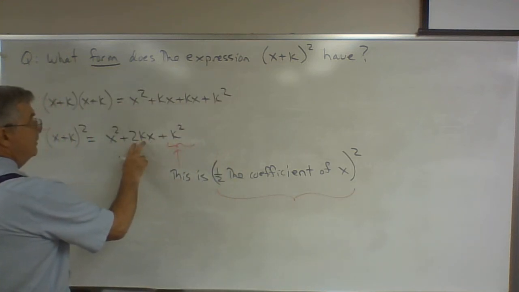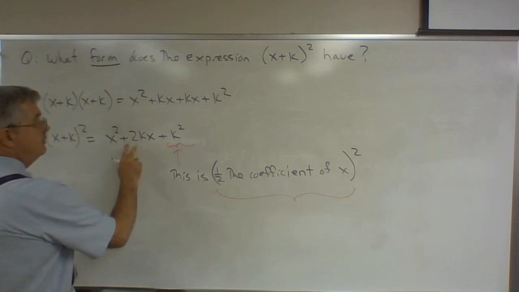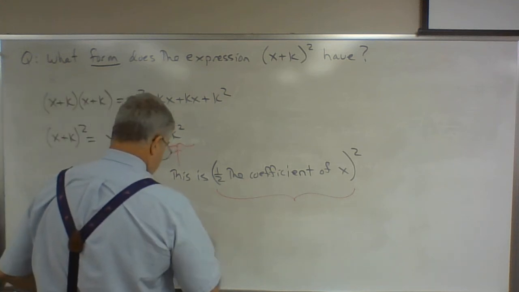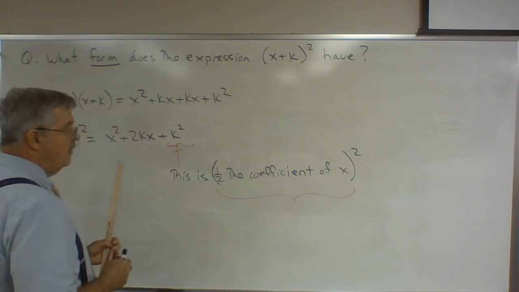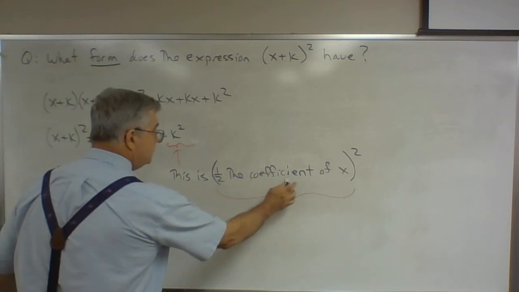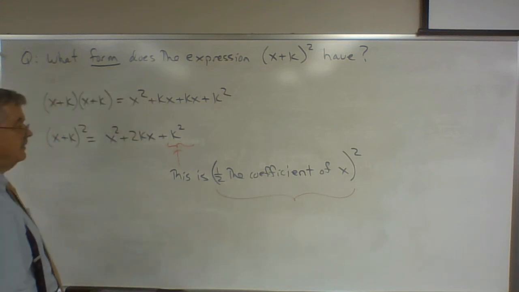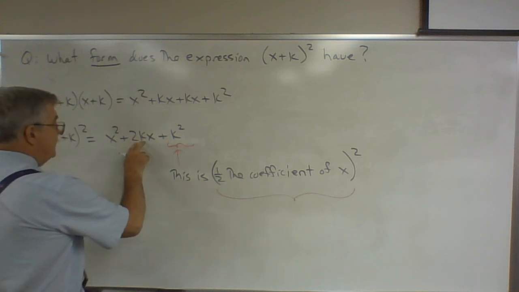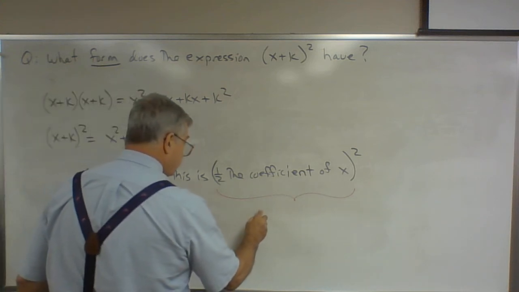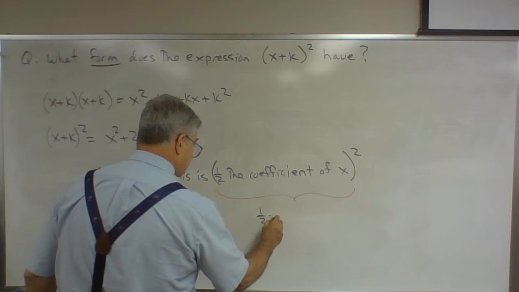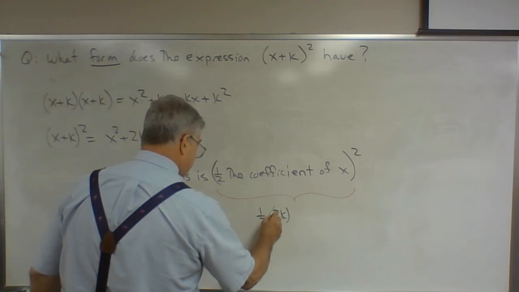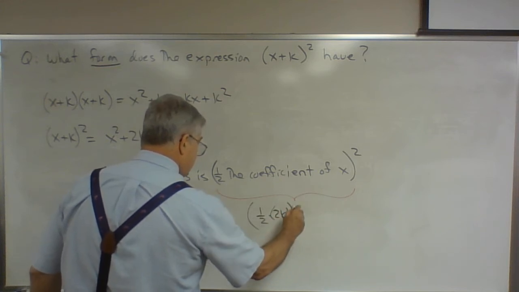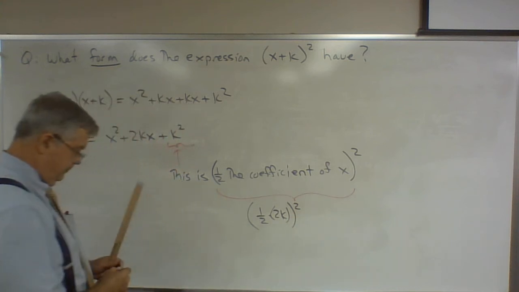Here's x. The coefficient of x is 2k. So 1/2 times the coefficient of x is going to be 1/2 times 2k. And then we square it.